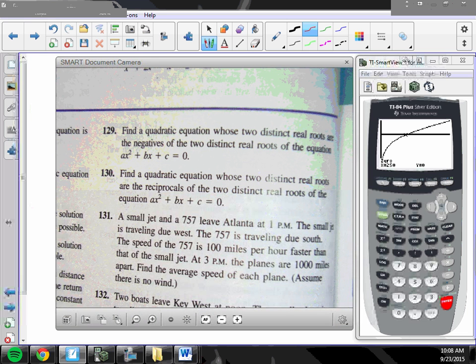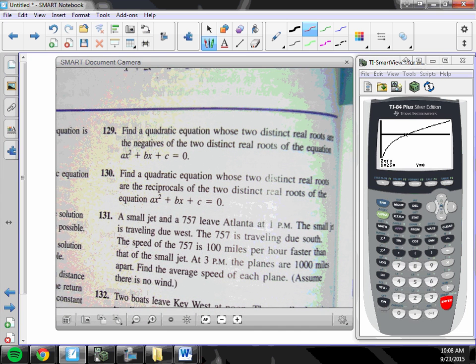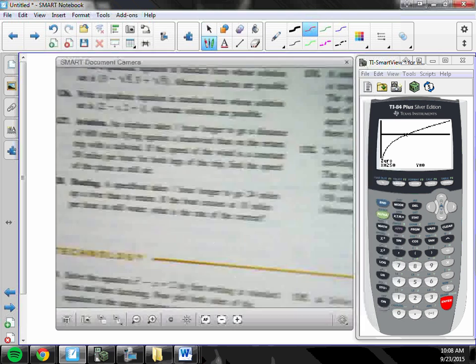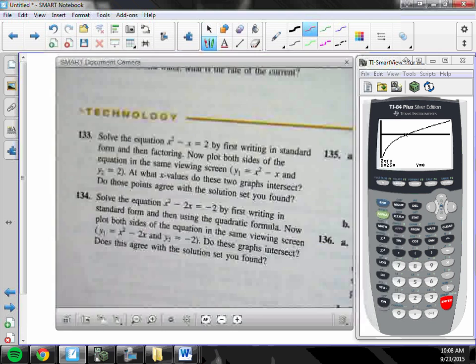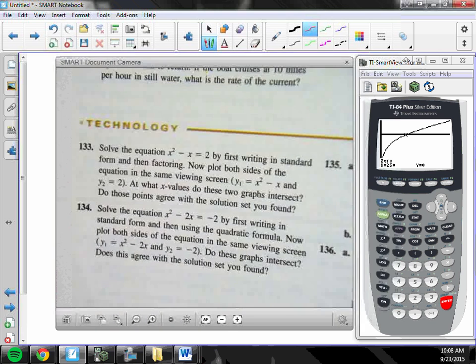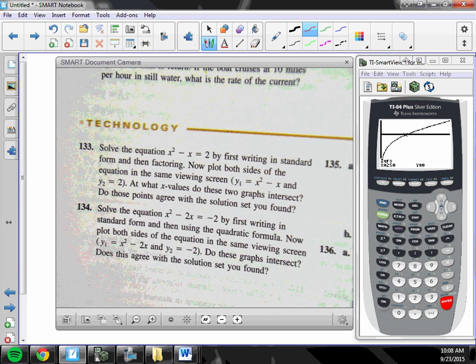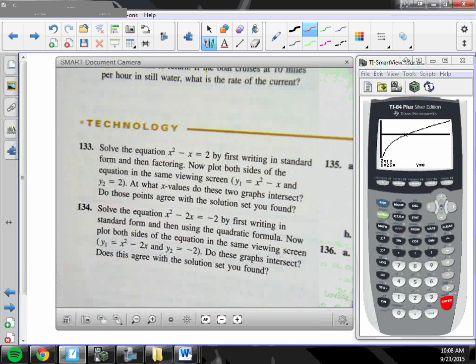Okay, a small jet leaves Atlanta at 1 p.m. Assume there's no wind. I think you guys can handle that one. And then 133. Solve the equation by writing in standard form and then factoring. Plot both sides of the equation on the same viewing screen.